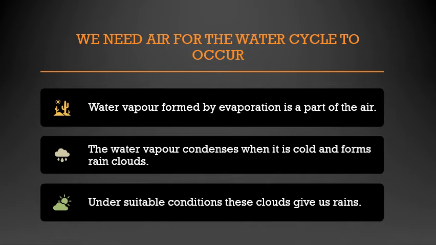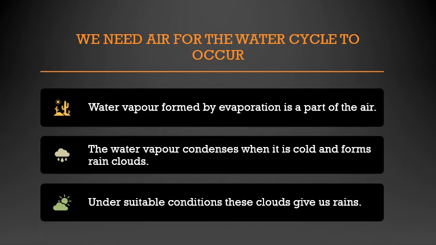Then under suitable conditions, these clouds give us rain. So through the air we get much needed rain. Only when there is air present will we have a proper water cycle, and we will have water all the time. Otherwise we will not have water.